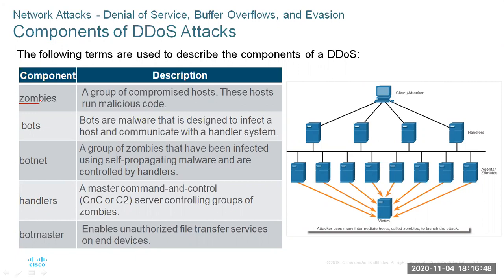They put all these zombies, or compromised hosts, together, and like you see here, all these hosts are now agents or zombies. At a particular time T they will be targeted to send a particular traffic to a particular server to deny access to this server.